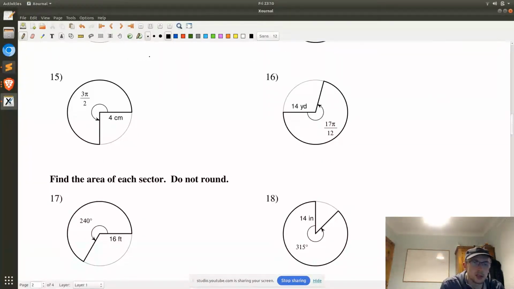Obviously, this is 3/4. So 16 pi. So 3/4 of that. 12 pi square centimeters.